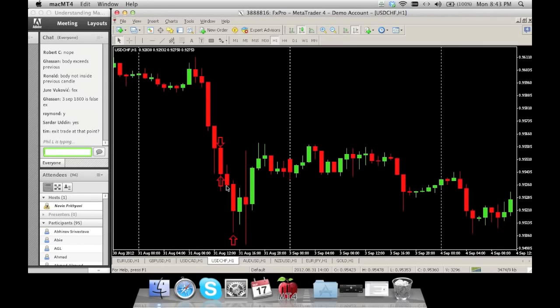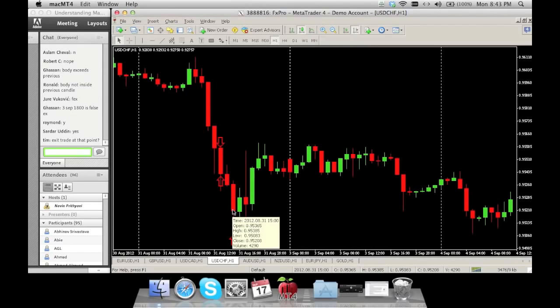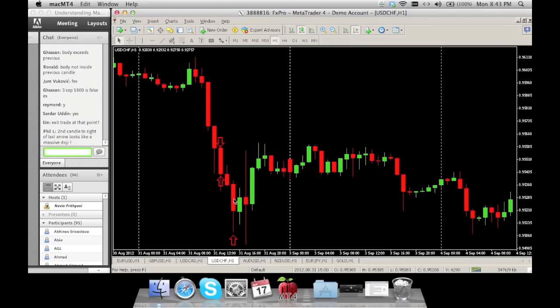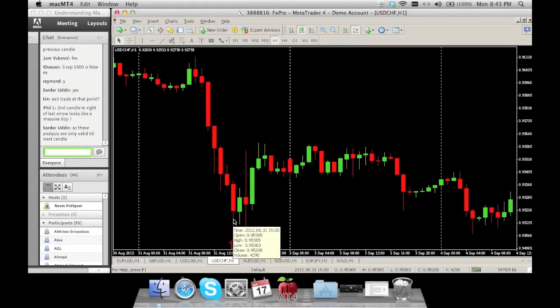Right? Same thing happened here. If you see this pattern, if this particular candle closed up here near the open, would you be confirmed that we are going long?